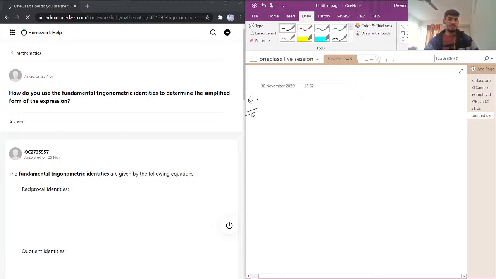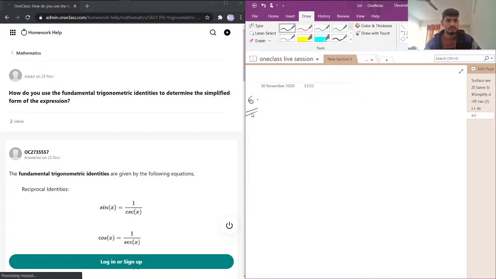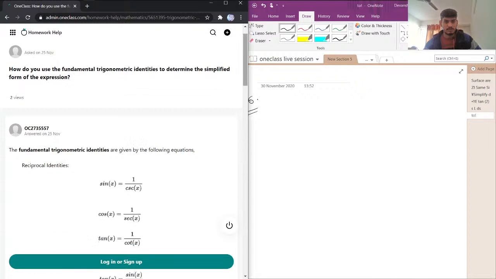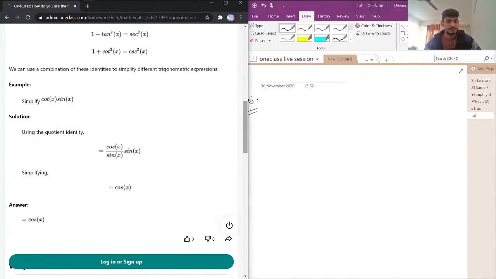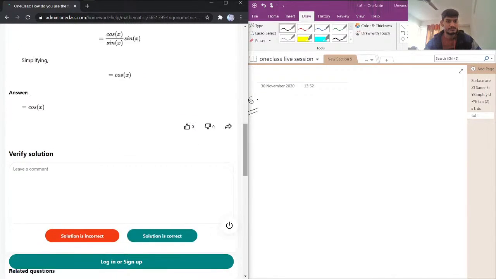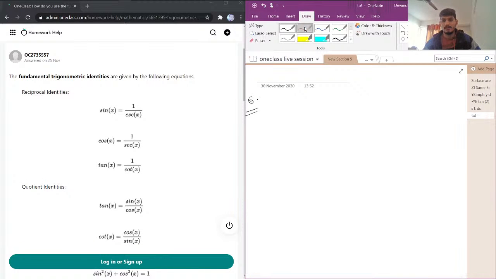How do you use the fundamental trigonometric identities to determine the simplified form of the expression? So let me see. First we'll go for fundamental trigonometric identities.